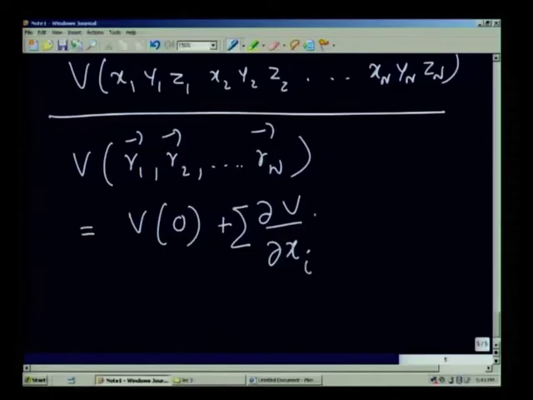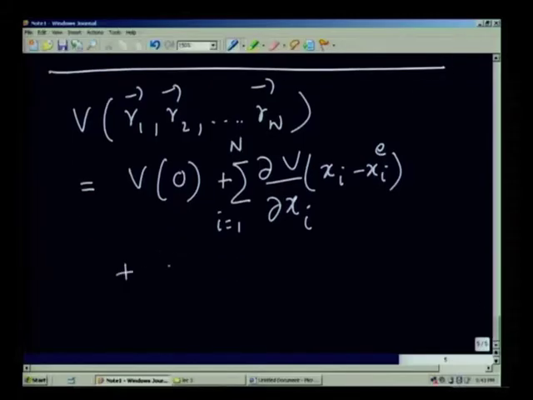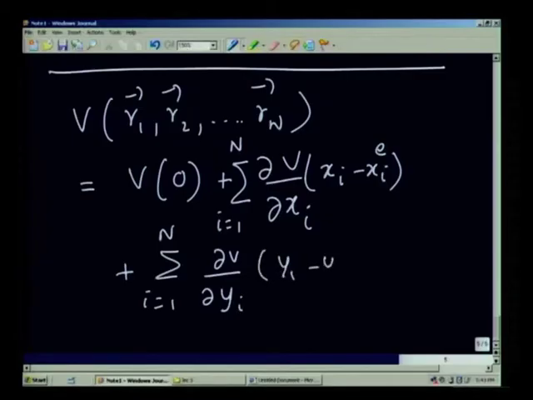dou v by dou xi times xi minus xie, sum over i equal to 1 to n, plus again i equal to 1 to n, dou v by dou yi times yi minus yie.